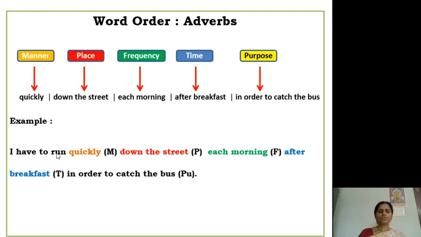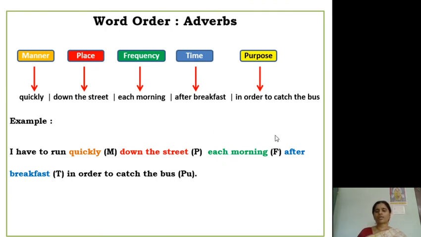I have to run. Run is the verb, and we have added more details of how the action happened, when the action happened, where the action happened, how frequently the action happened, and why the action happened. All these things refer to adverbs only.